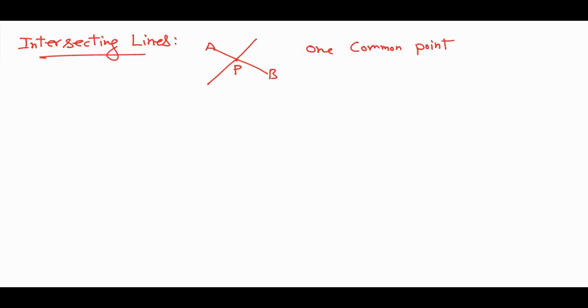AB and CD are two intersecting lines. AB intersects CD at point P.